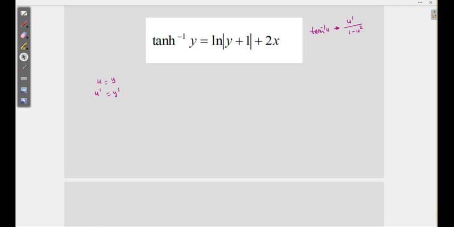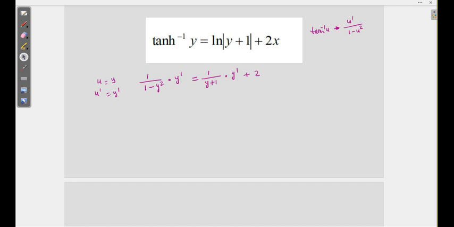Then we substitute: 1 over 1 minus u squared, which is y squared, multiplied by y prime, is equal to 1 over y plus 1 times the derivative of what is inside, which is y prime, and then plus 2.